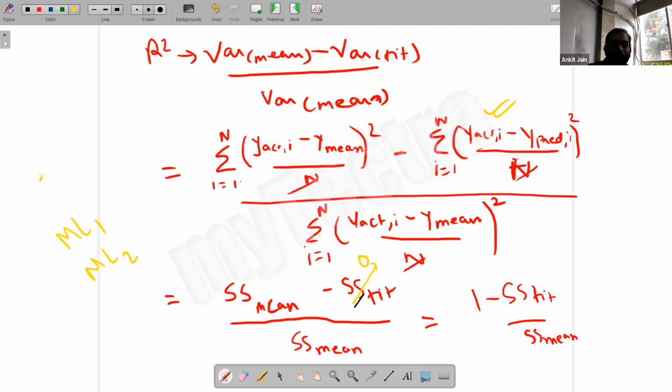Now what is SS fit? y act i minus y pred i whole square, right? If you see, this is nothing but MSE. If, instead of n square, I just divide by n, this becomes MSE, okay?